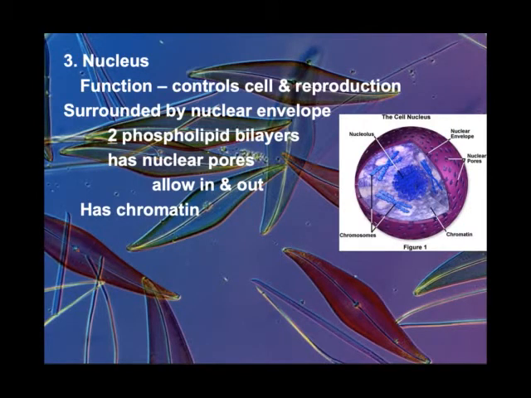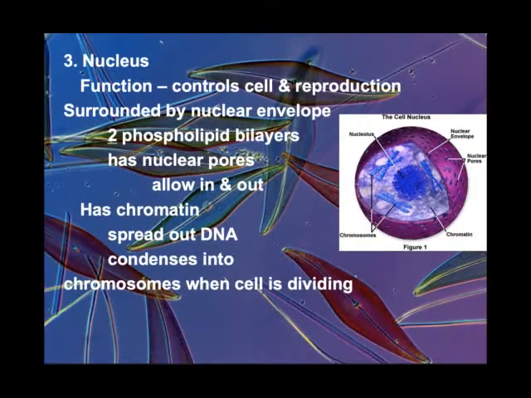The nucleus also has chromatin in there. Chromatin is just spread out DNA. It looks like a big old snarly mess of yarn, but it's actually the DNA molecule, and it's in chromatin form most of the time in the cell. When the cell is getting ready to divide, all that chromatin gets organized into what we call chromosomes.